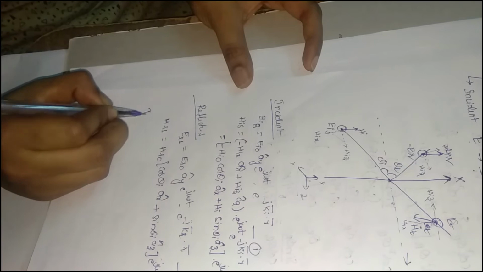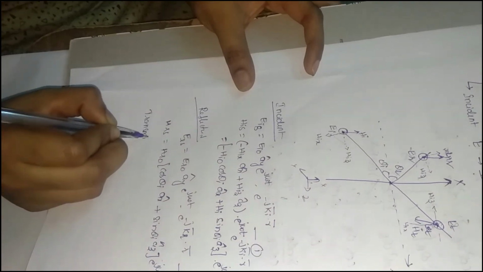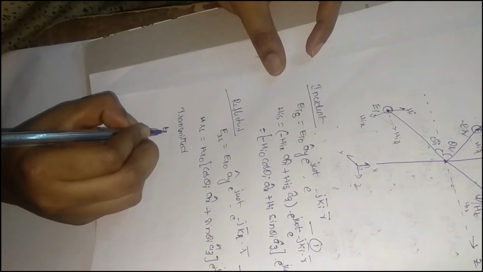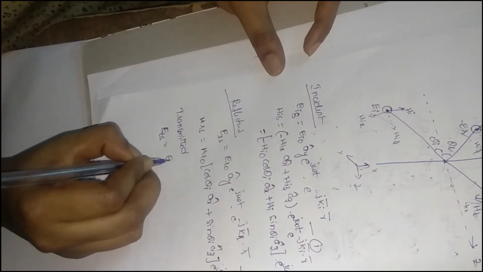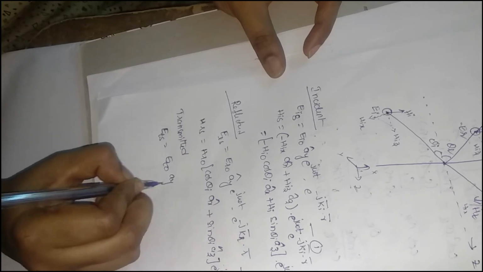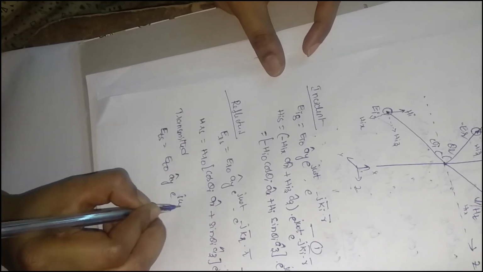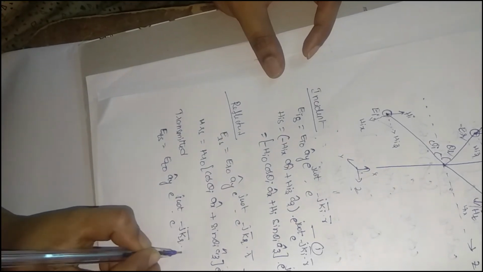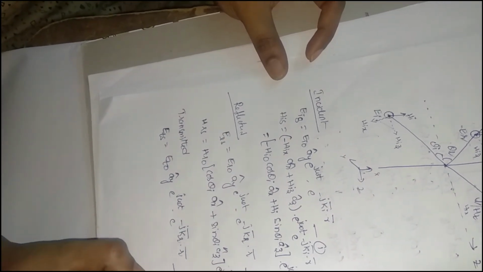In the same way, define the transmitted electromagnetic wave as ETS is equal to ET0 into AY cap e power j omega t e power minus j kt bar dot r bar. Let it be equation number 5.